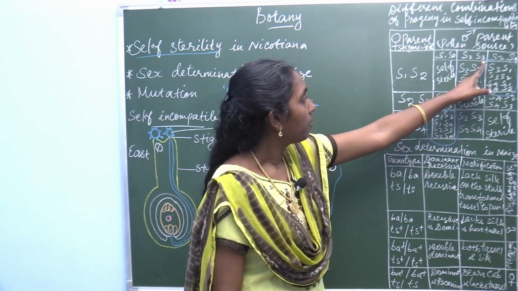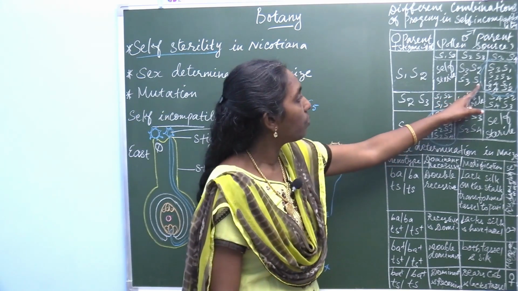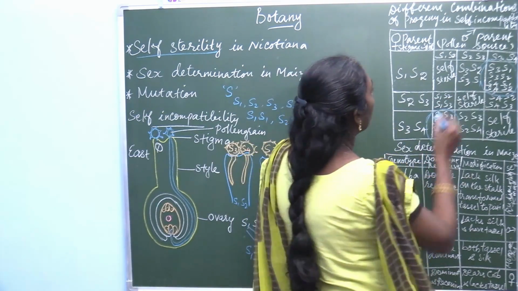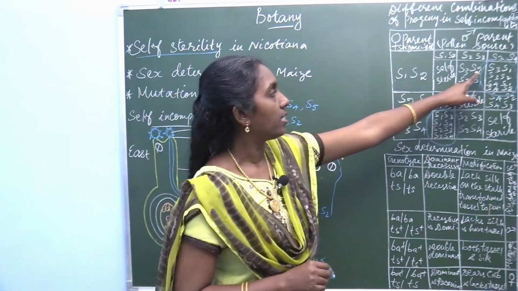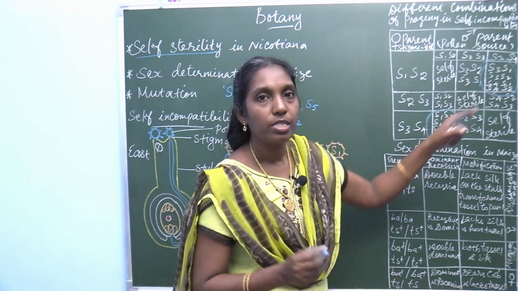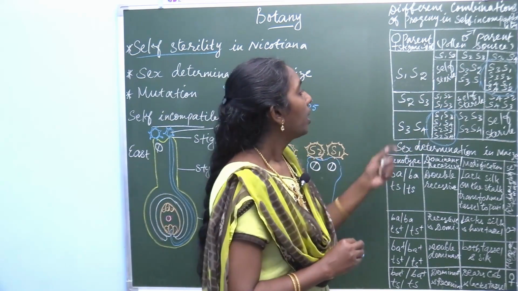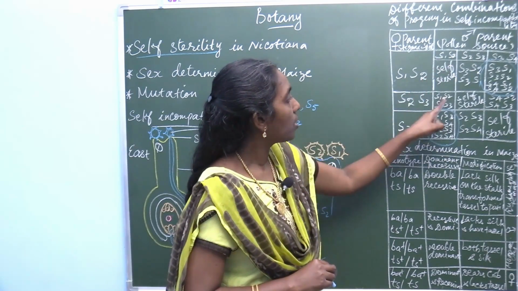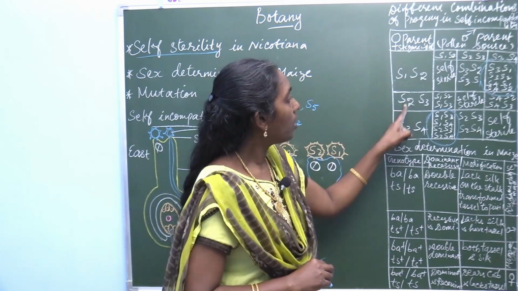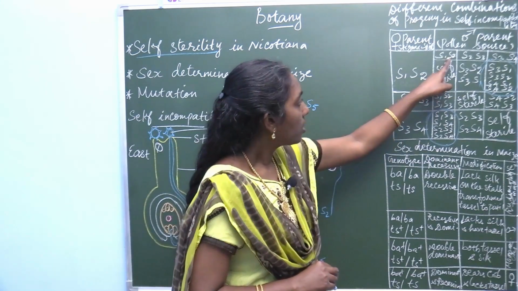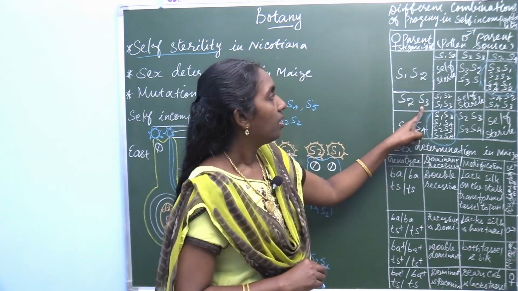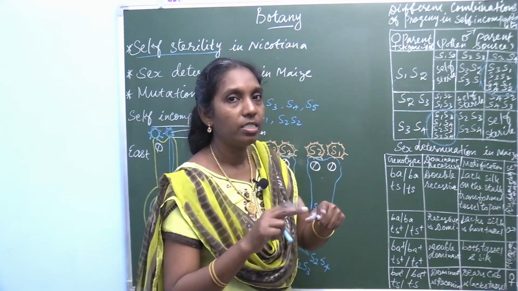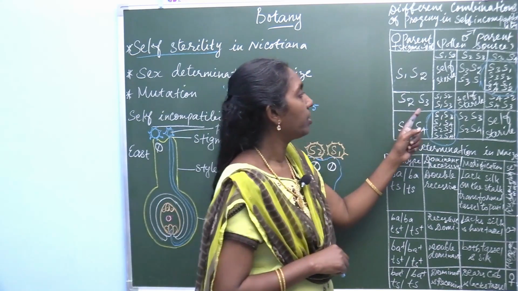S1, S3 and S3, S1; this is S1, S2 with S2, S3. It produces 2 combinations. Then S2, S3 with S1, S2 gives S1, S3 and S2, S3, and the remaining S1, S2 combinations are sterile, so it is not mentioned.